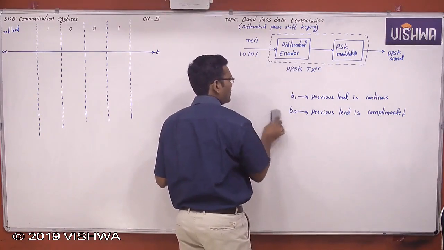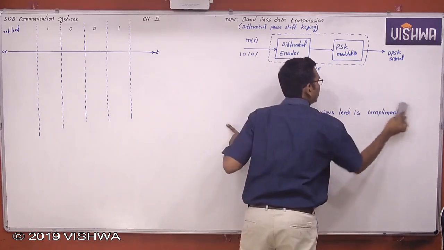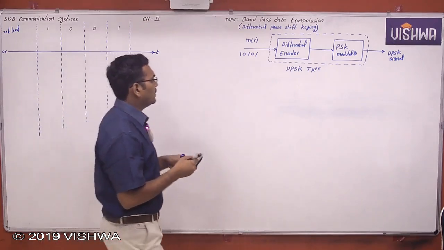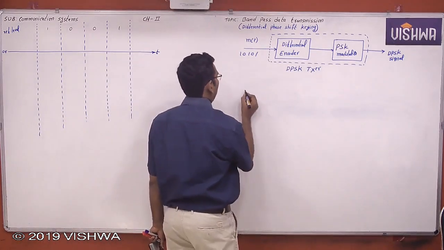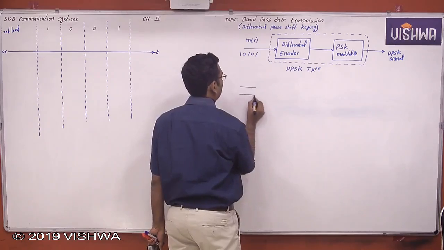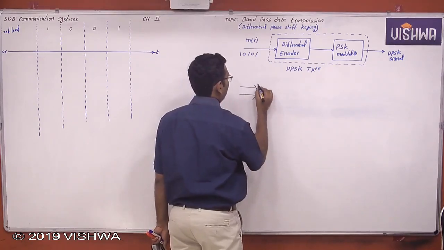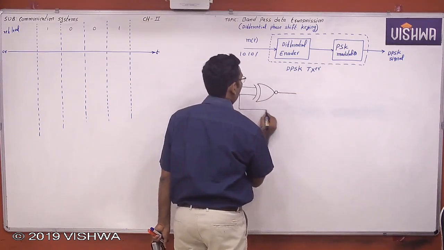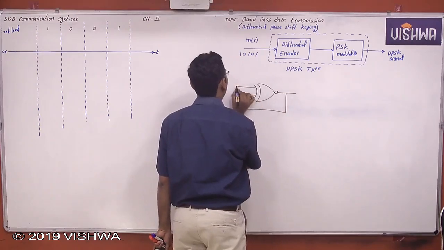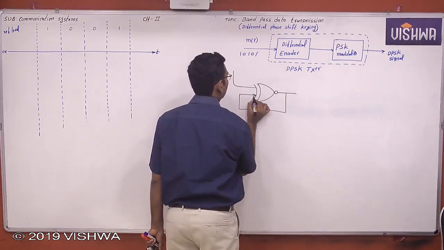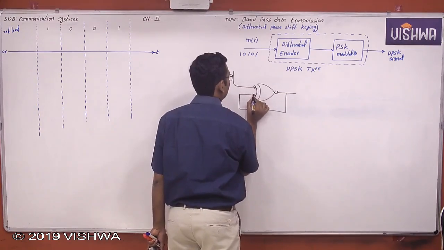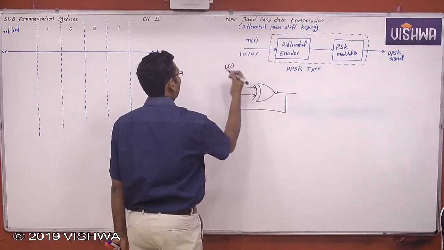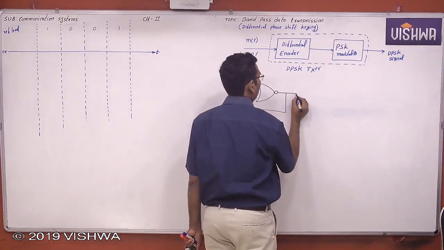For binary 0, the previous level is complemented. First we design the transmitter portion. The differential encoder is an exclusive NOR gate with an appropriate feedback, which produces the differential encoding signal.